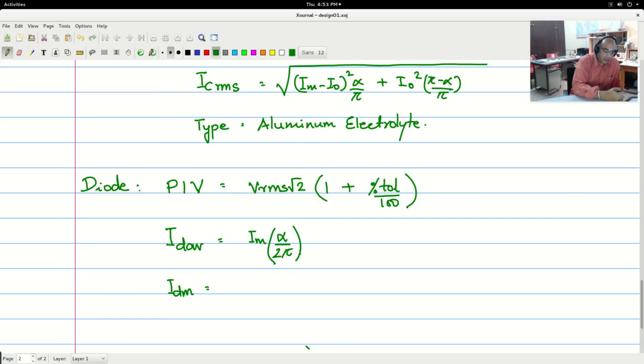This would be the average current that flows through the diode, and when you choose the diode it should have average current rating greater than this, and Im itself is the peak current rating which is flowing for a very small period around alpha for this kind of a pulse approximation. So like this, now you have the diode rating and you also have the capacitor electrically designed, and these values can be your guiding values for you to choose these devices.